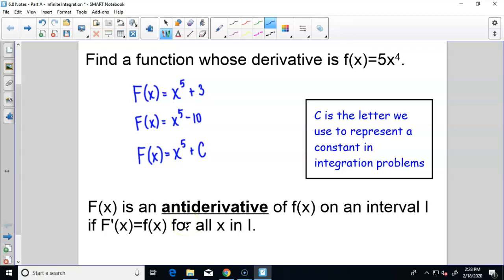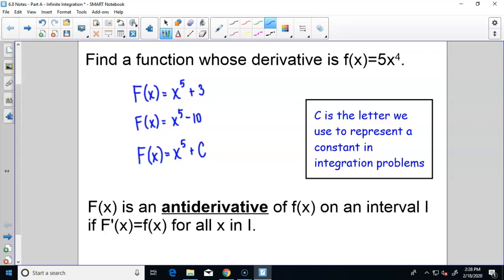I've been using the word integral, and integrals and antiderivatives are the same thing. But capital F of x is an antiderivative of f of x on an interval I if capital F prime of x equals f of x for all x in I. Basically, if you take the derivative of capital F and it gives you lowercase f, then you have an antiderivative there.